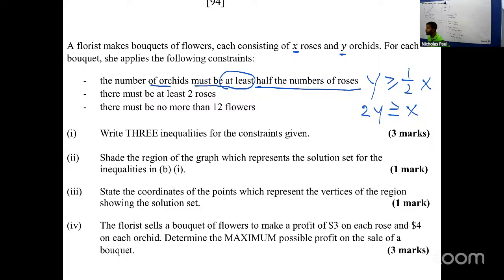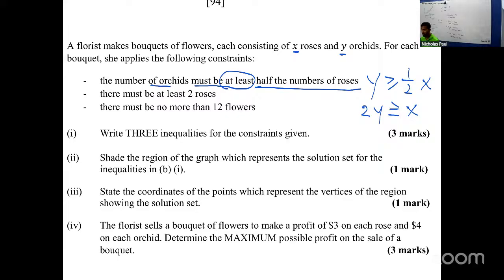So there must be at least 2 roses. X, right? You wanted the roses. X is more than or equal to 2.